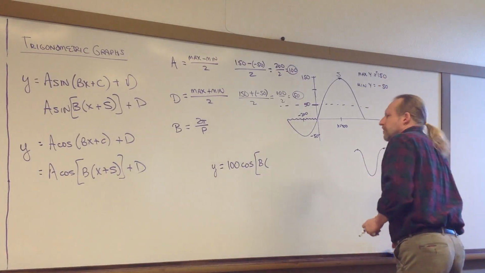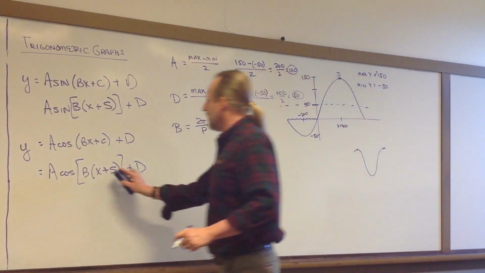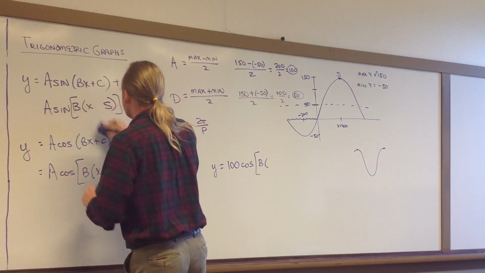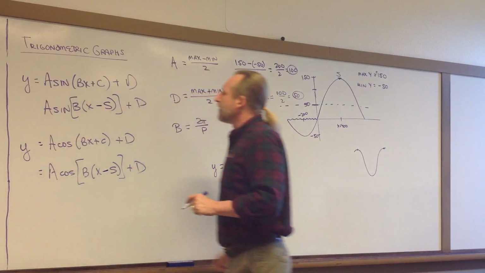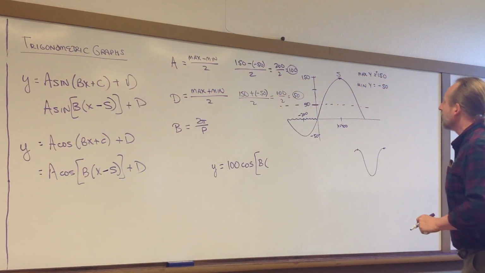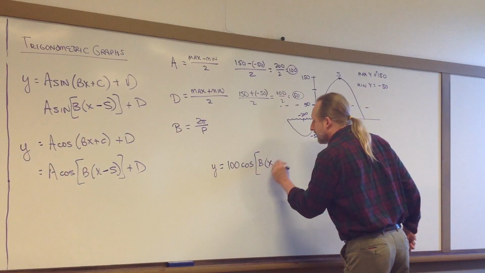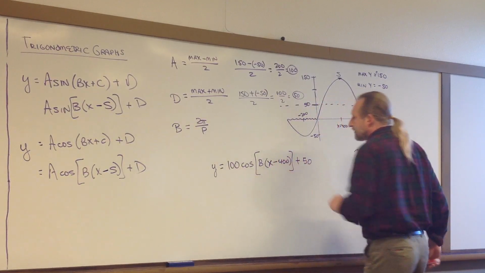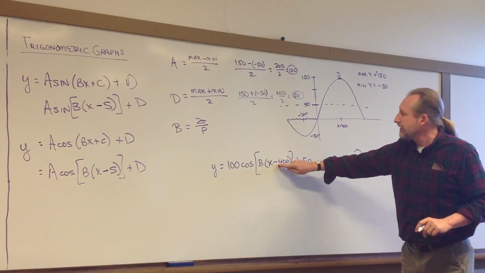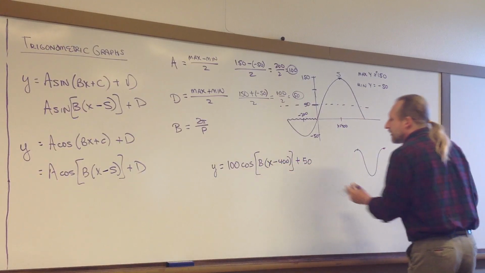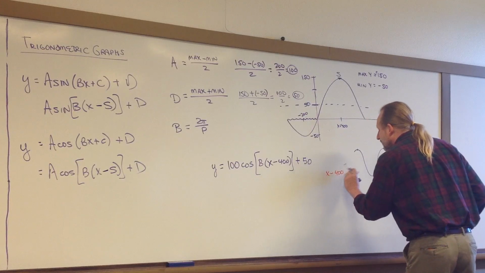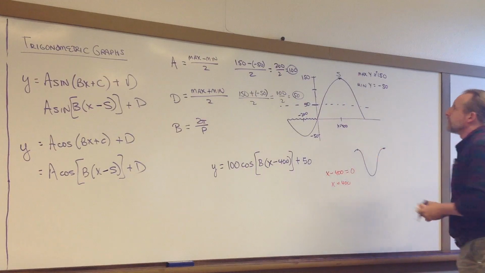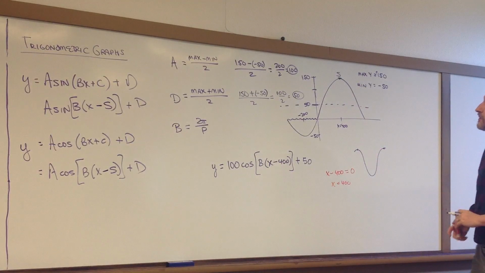I suppose I should call this x minus s, if I really wanted to be accurate about that. Because here we're going to have x minus 400 and then plus 50. Because remember, we set this equal to 0, and the solution is our new starting point. So if we set x minus 400 equal to 0, then that means x equals 400 is the starting point for our positive cosine graph.